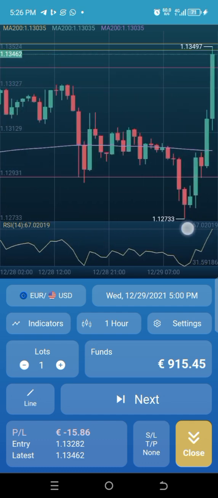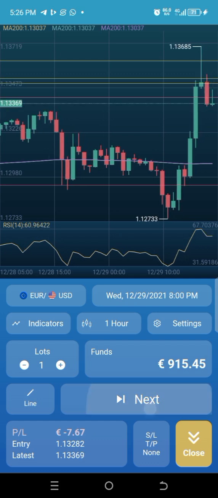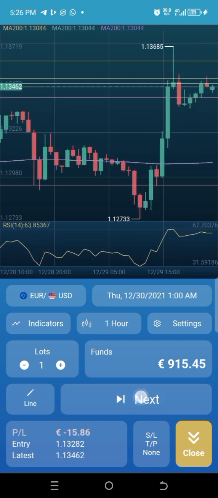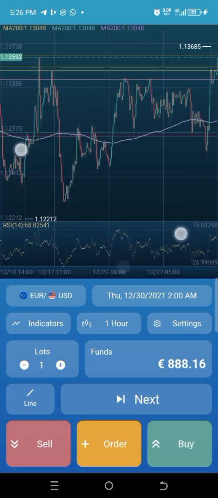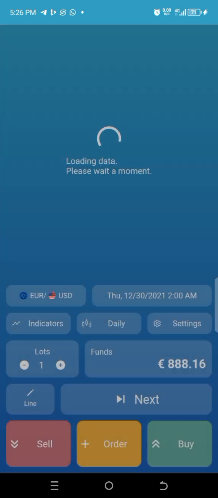Okay, we're about to be stopped out almost. Almost we're out, ladies and gentlemen. Okay, so let's look for another area of trade.